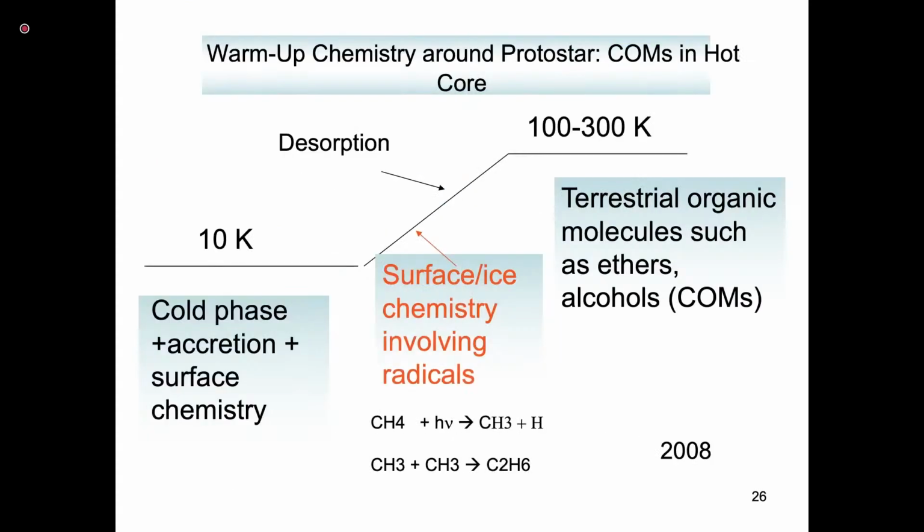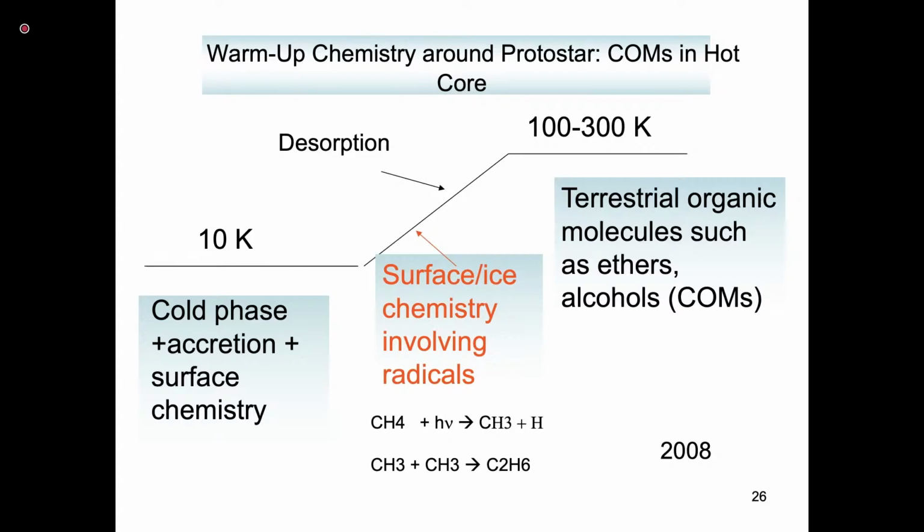All right, so here is a very complicated picture, which we're only going to go through very briefly, and that is what happens during star formation, in which you start with a cold core and you end up with a star forming surrounded by a hot core. The chemistry is rather complicated.